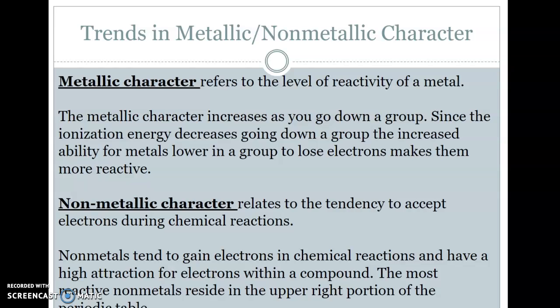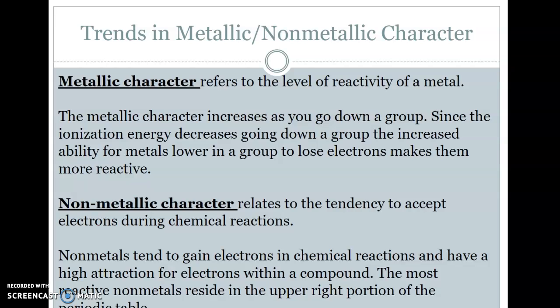So fluorine continues to be the winner of all of the categories because fluorine is the smallest with its valence electrons closest to the nucleus. Having a need for only 1, it is very reactive.